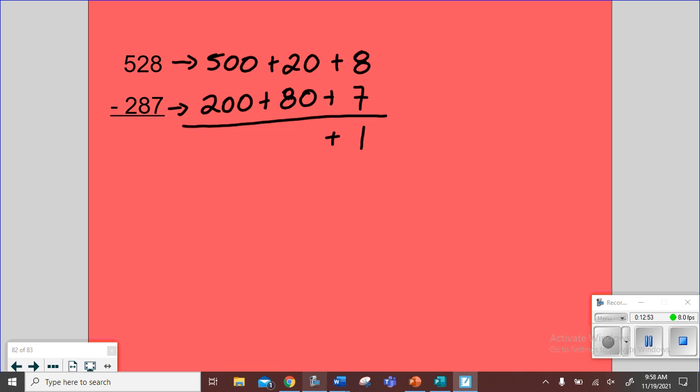Where are my tens hiding? Lincoln, where are they hiding? In the 100. I'm going to steal 1 whole 100. Now I have 400 left. But I gave that 100 that I took to my 10.